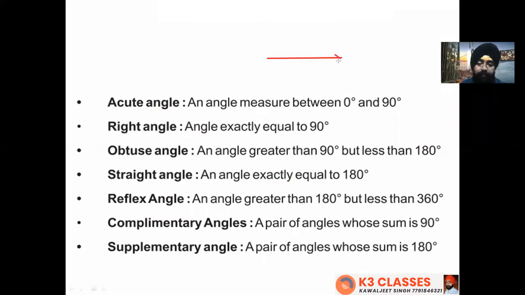A ray AB is there, and another ray originating from the same vertex is AC. Now this angle is greater than 180 but less than 360 degree. So this angle is known as a reflex angle, and the angle which is left is 360 degree minus this reflex angle phi.